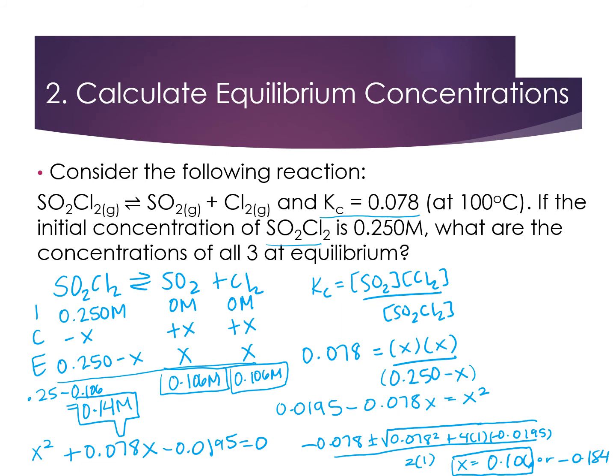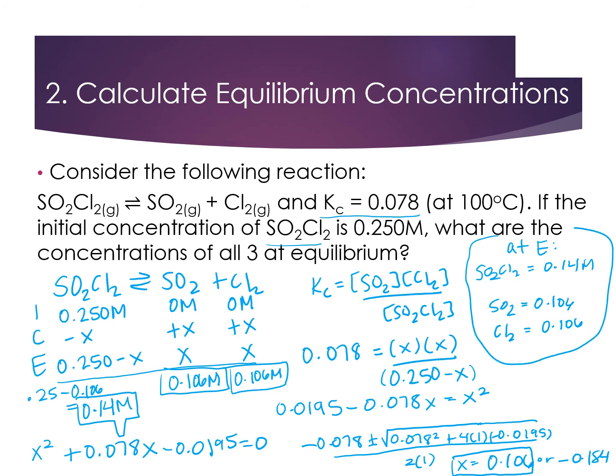On a quiz or test, if you write your ICE chart and you put your answers under the E row like I did here, that would be perfectly acceptable. Or you can always write them off to the side if you prefer. So you could write this either way.